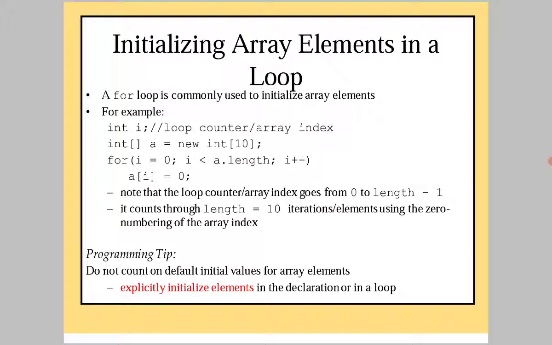After that, for I equals 0, I less than 10, I plus plus, a of I equals 0. Here int is the data type, I is the subscript or index value, 10 is the maximum size of the array, and a of I is the element which we can access from an array.